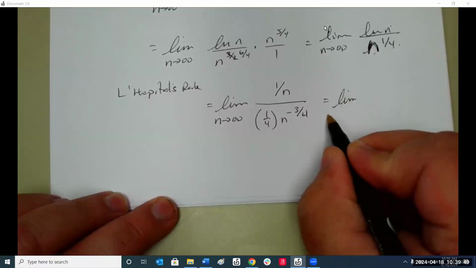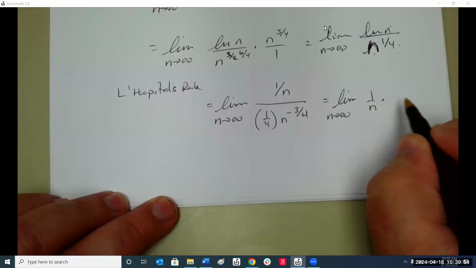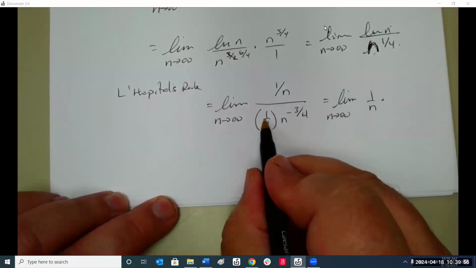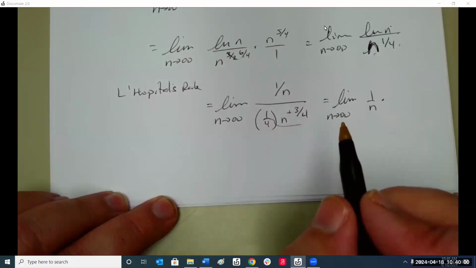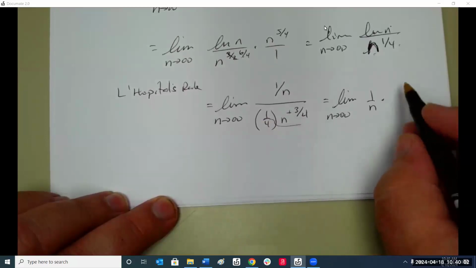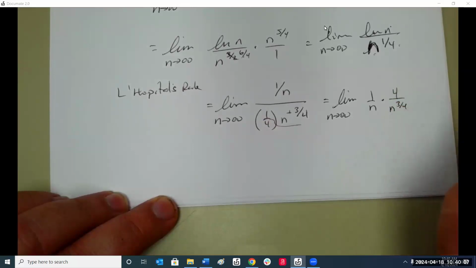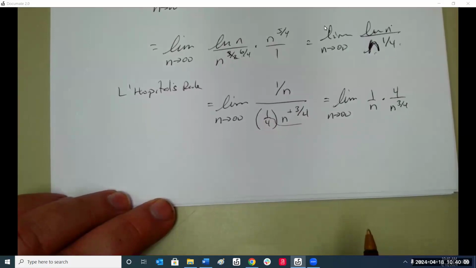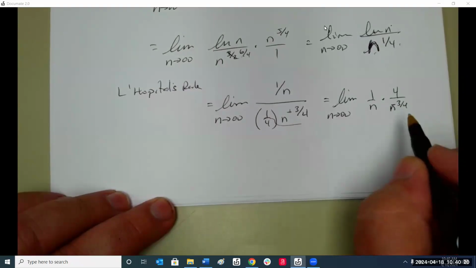So it's the limit as n goes to infinity of 1 over n times 4 over n to the -3/4.